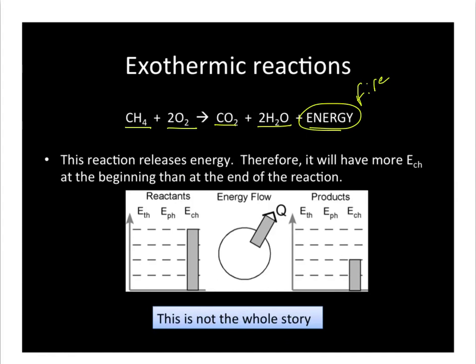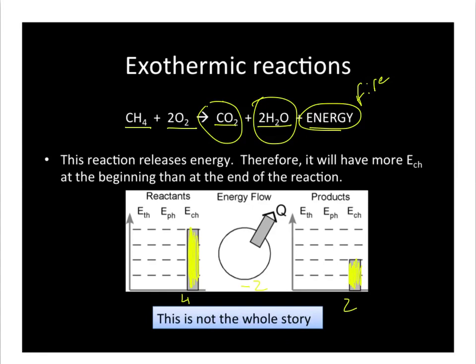There's a lot of energy stored in the CH4, so that means we have a pretty high ECH. And then our products, the CO2 and the H2O, don't really have a lot of energy. So this is dropped down, and what we see is we have 4 to begin with. We lose 2, so we're left with 2 to end.